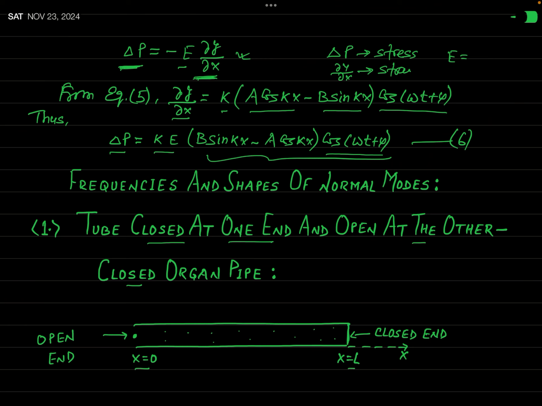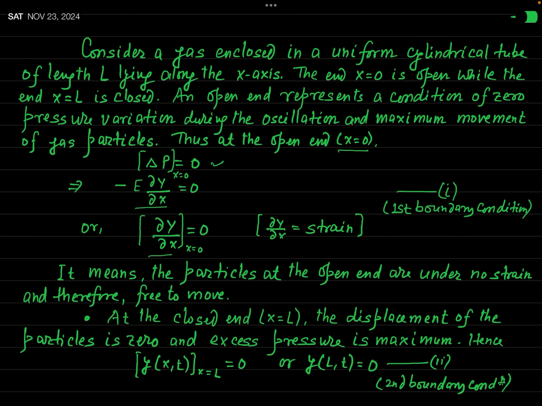At this closed end, pressure variation will be maximum and displacement will be 0. So you can write the second boundary condition in this manner: displacement y of x,t is 0 when x is equal to L. In another manner, y of L,t equal to 0. It means y is 0 where x is equal to L. This is our second boundary condition.